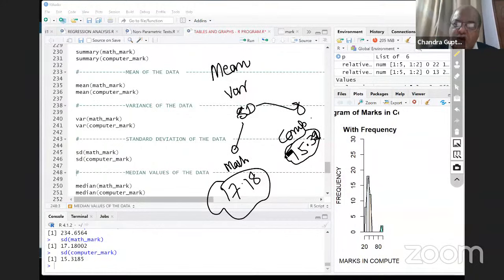So Mahima is absolutely right. We look for variation in the marks. Imagine no variation in the marks, everyone gets 60, 60, 60, 60.